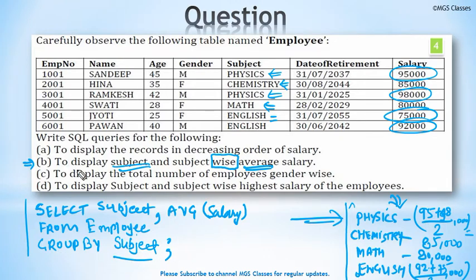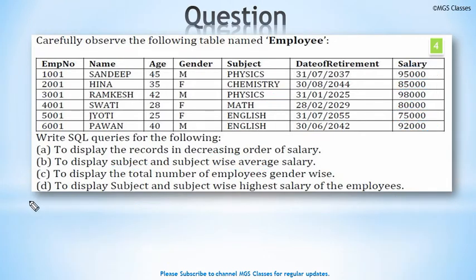This is very simple. Now we will discuss the C portion of this question. C portion is very similar to that upper query. To display the total number of employees gender wise, this time the wise keyword came before the gender column. So we need to calculate the count of the number of employees gender wise. There are two genders, male and female.